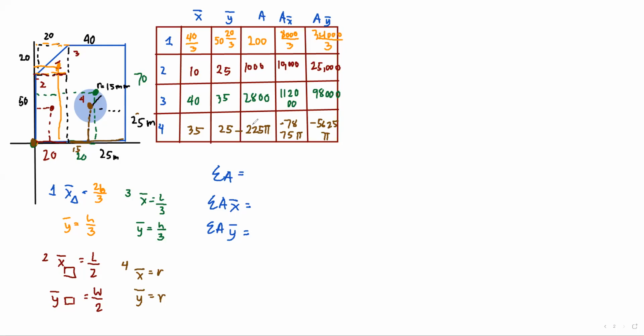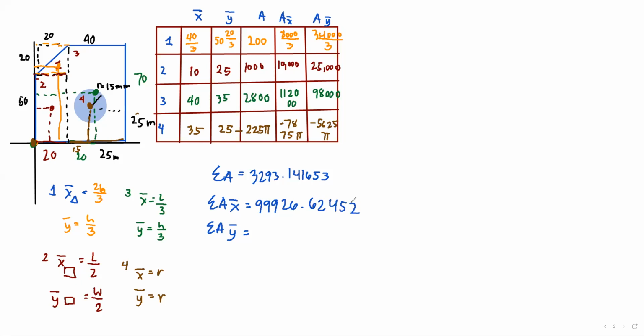Okay? So, 200 plus 1,000 plus 28 minus 225 pi. Final answer, 3293.141653. Okay? Next, 8,000 over 3 plus 10,000 plus 11,000 to 100,200 minus 7875, which is equal to 99926.62452.